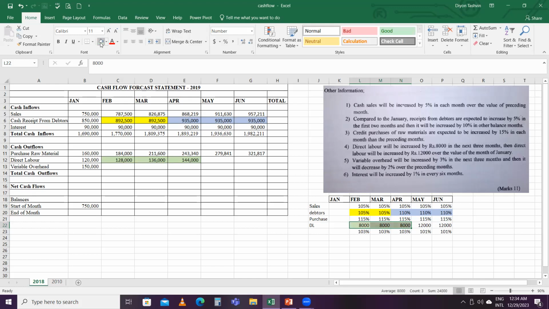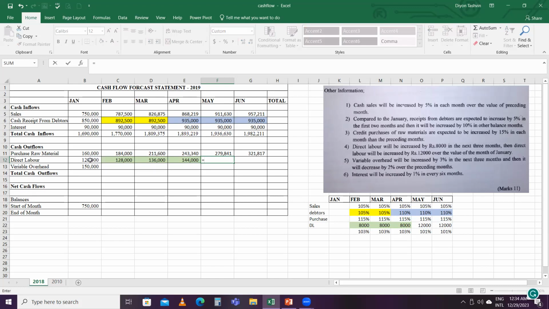Then after that, it will increase by 12,000 over the value of the month of January. So it should be increased further by 12,000 over the figure of the January month. So in May and June, it will be 132,000.